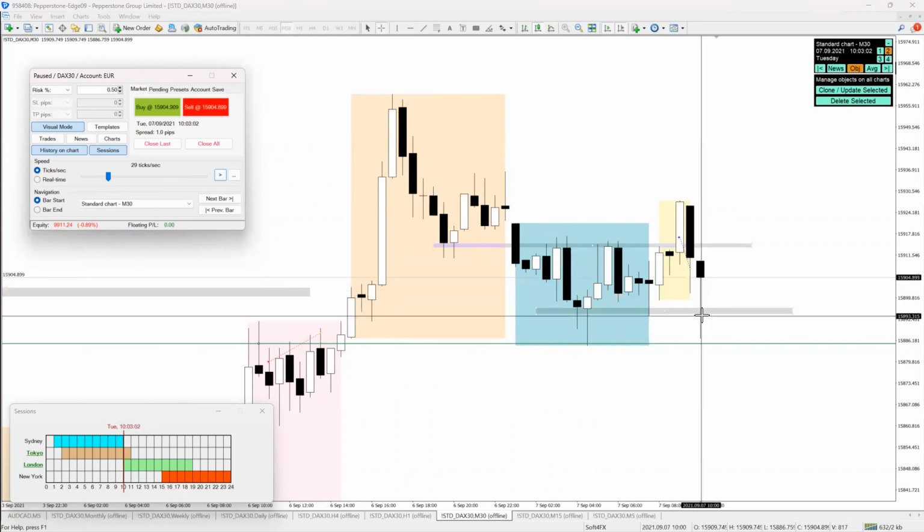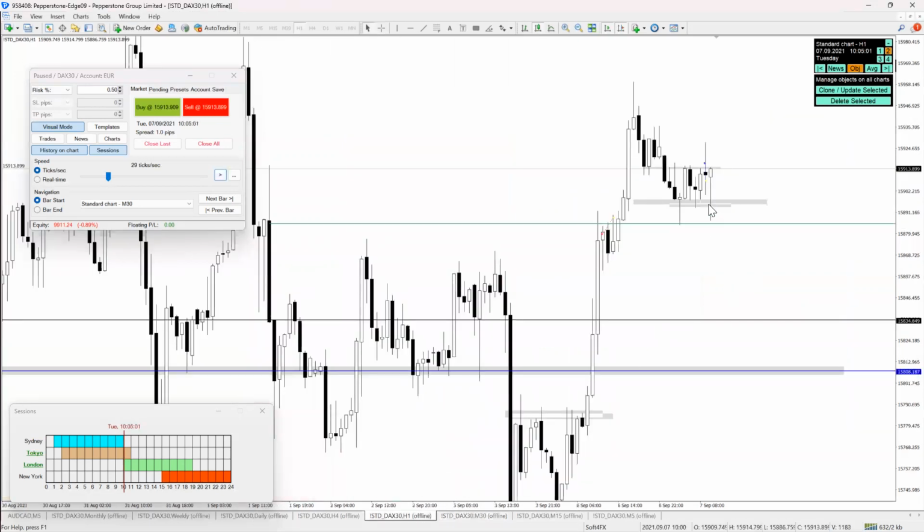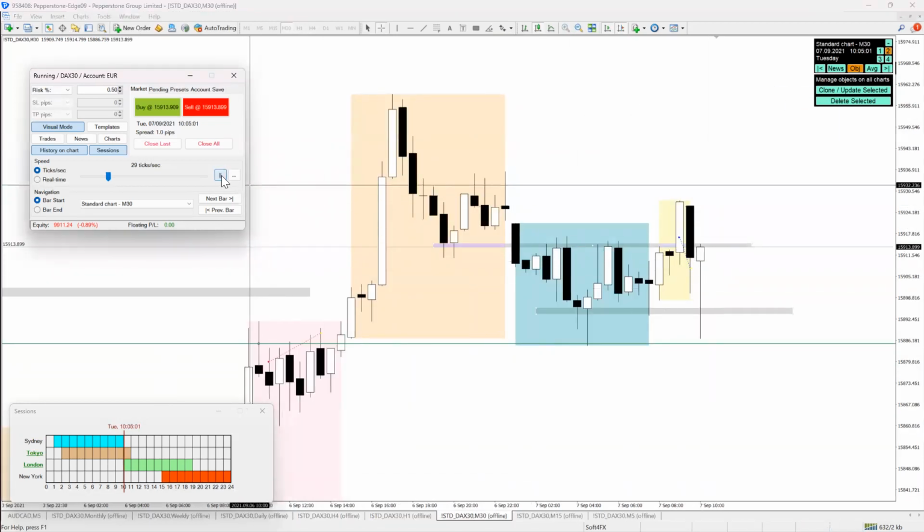Okay, so if we keep on rejecting this area, and if we're rejecting this area, starting to break its high again, then maybe we've picked up enough liquidity.